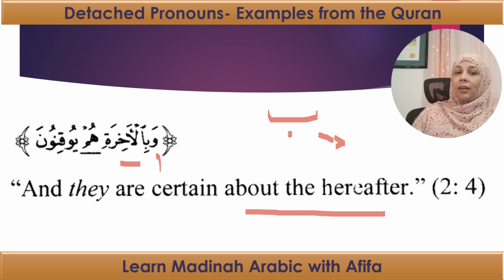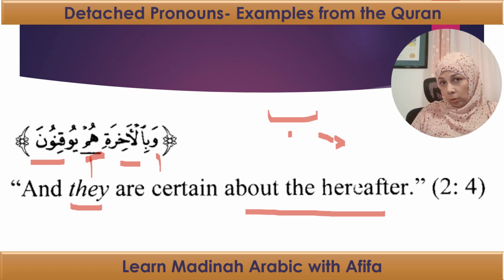Akhirati is definite because it has an al in front of it, the hereafter, right? Hum yuqinun, they are certain. This is a verb, yuqinun, which we will study in the future, but hum you have already studied now. It means they, the masculine they, right? But remember, we discussed before that hum includes females also. If there are females in the group, hum can include both males and females in the group.